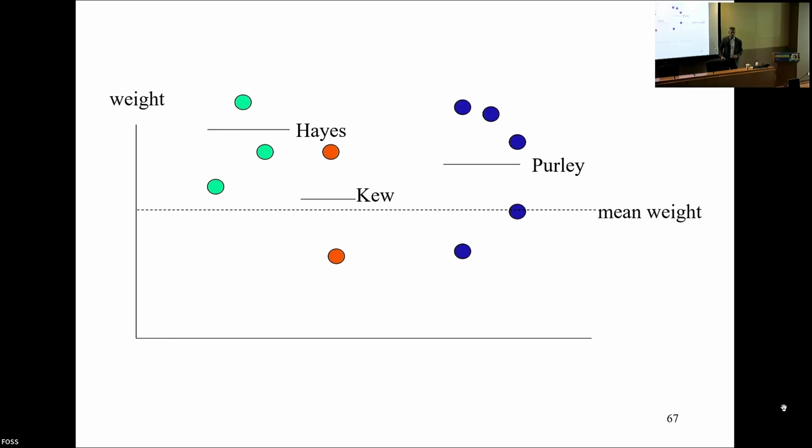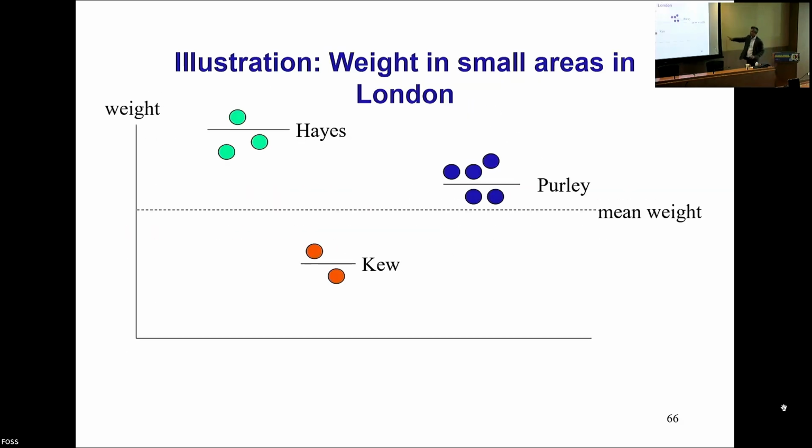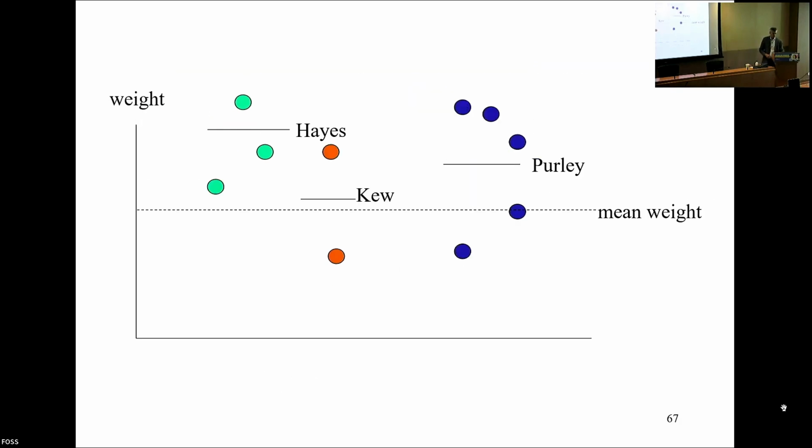So visually, remember the group level variance will be much larger here compared to here, where the group level variance will be smaller.